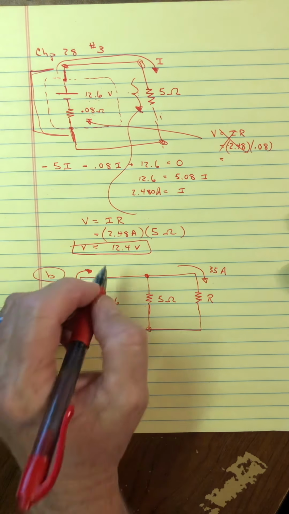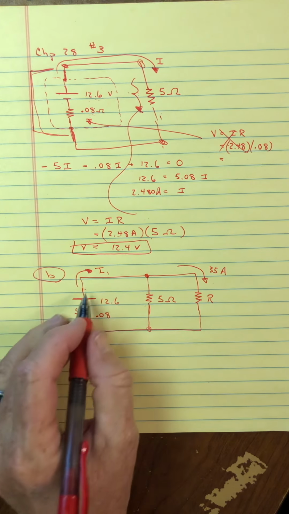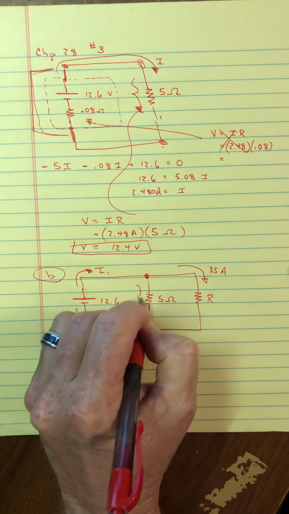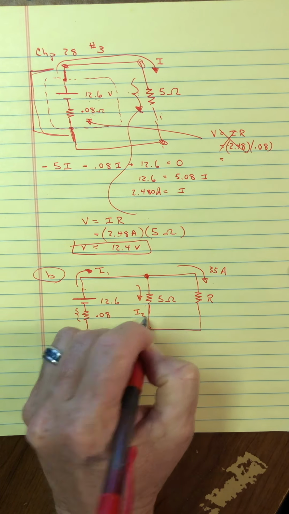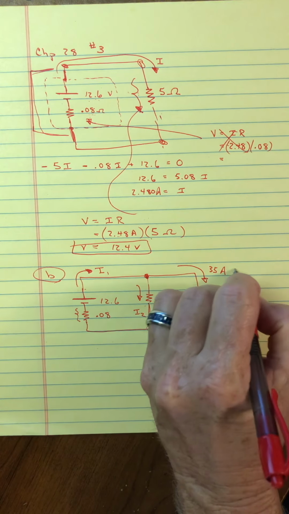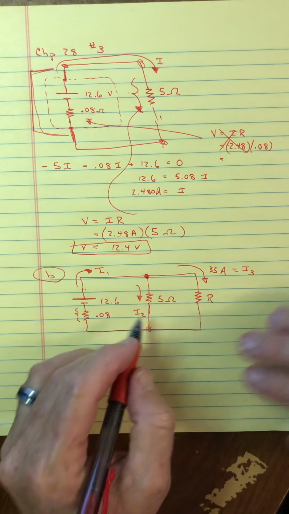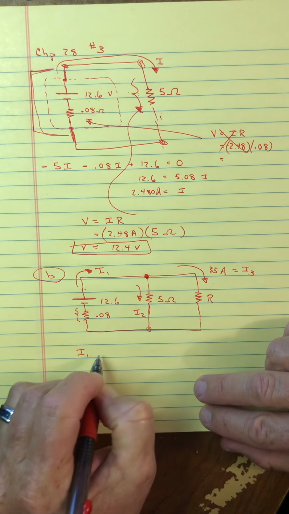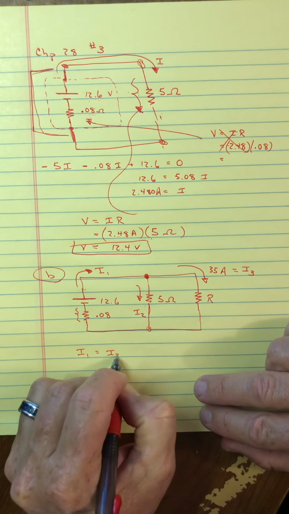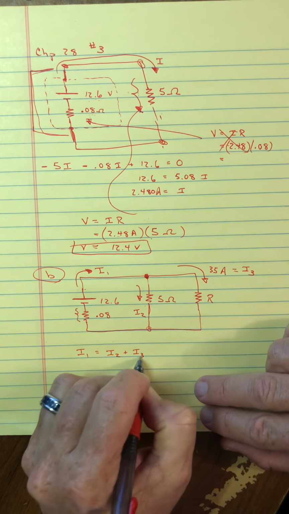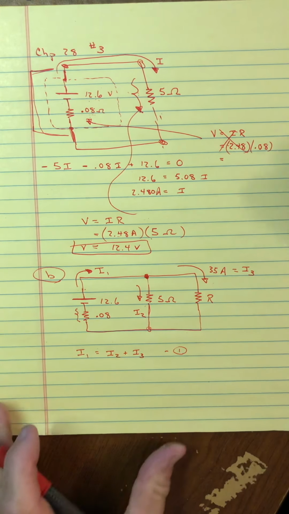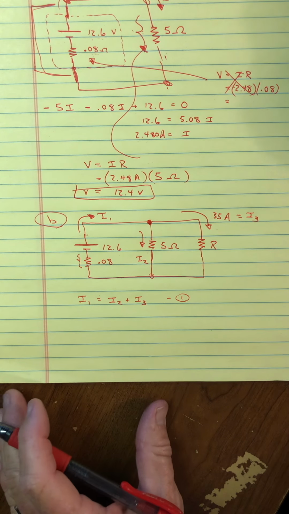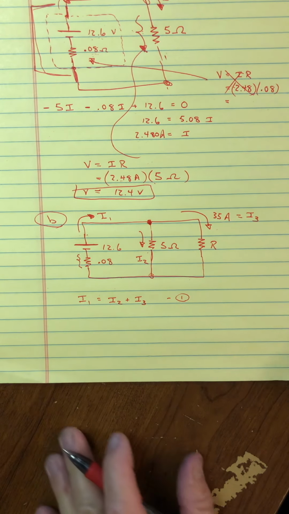Anyways, but now we have two loops here, and we have a node. And if we say the current coming out of the battery is I1, and it splits off and goes to the headlights, I2, but also goes to the starter motor, I3, we can see right here at this node, we'd have current coming in, which is I1, would have to equal I2 plus I3. So there is what I would call the first equation.